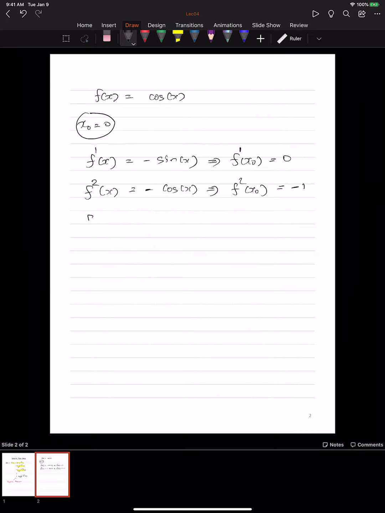Then f triple prime of x, the third derivative, is sine x. From this, f triple prime of x0 is 0. The fourth derivative is cos x. From this, f4 of x0 is 1. And then once again the cycle is going to repeat.